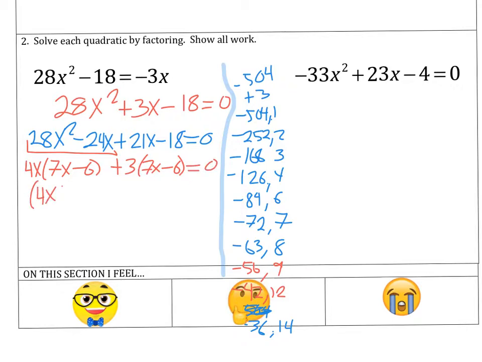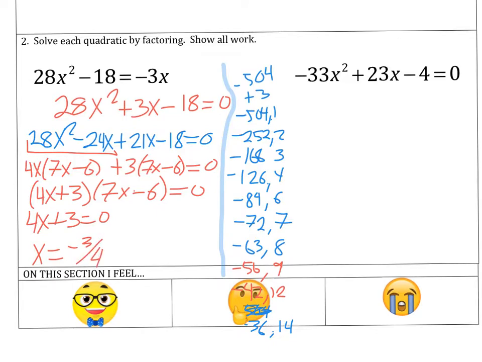So we get 4x plus 3 and 7x minus 6 equals 0, which means that 4x plus 3 equals 0. Therefore, x is equal to negative 3/4. And 7x minus 6 is equal to 0, which means that x is equal to 6 over 7.